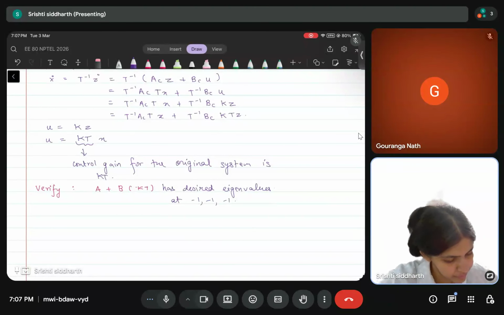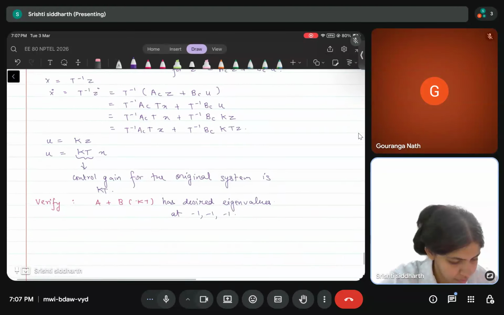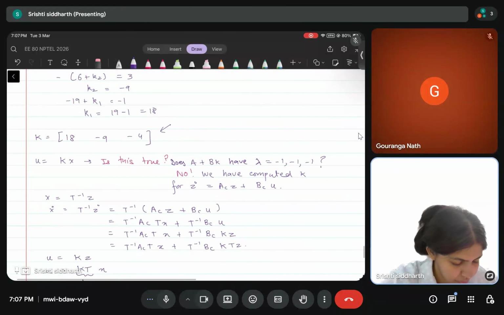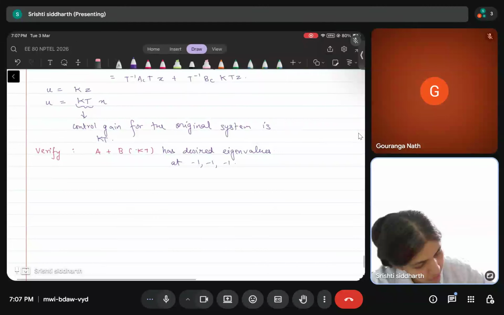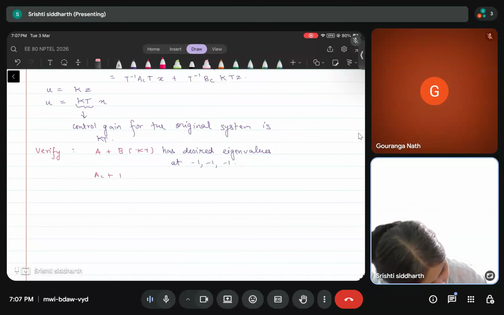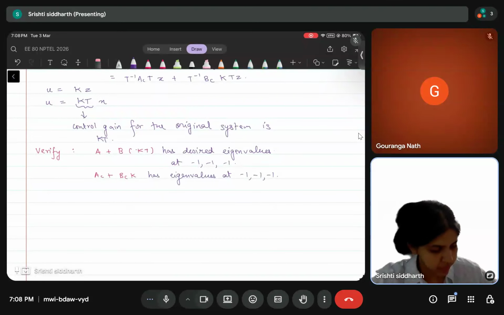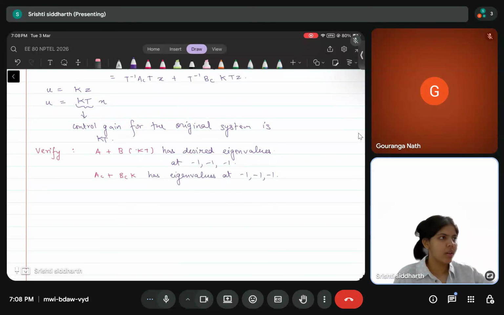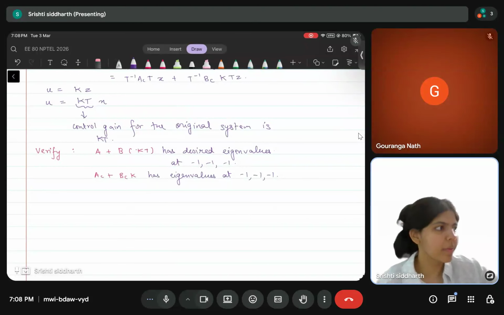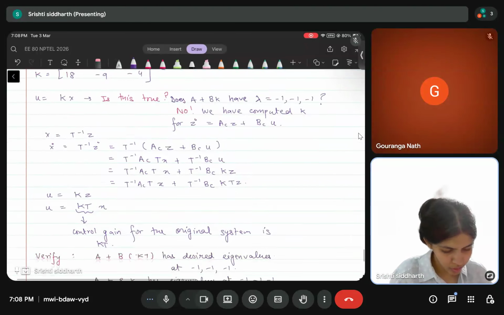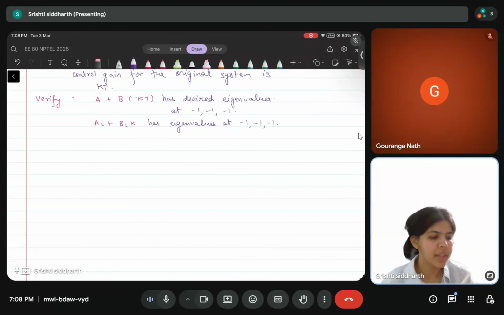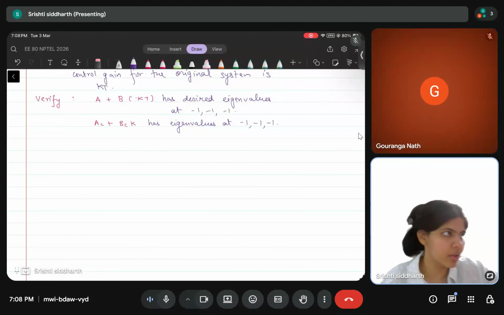Okay, just a second. So check if AC plus BC K has them. So this is fine. Let's move on to the next question of placing the poles at the desired location for a stabilizable system.